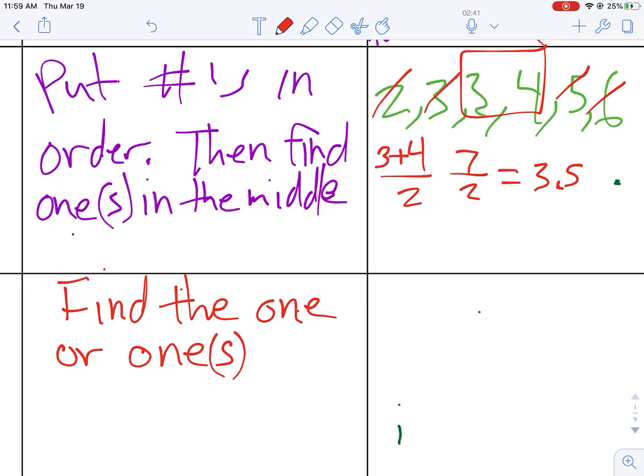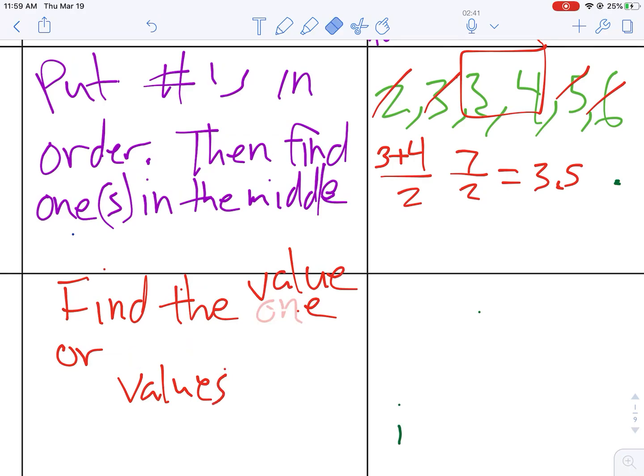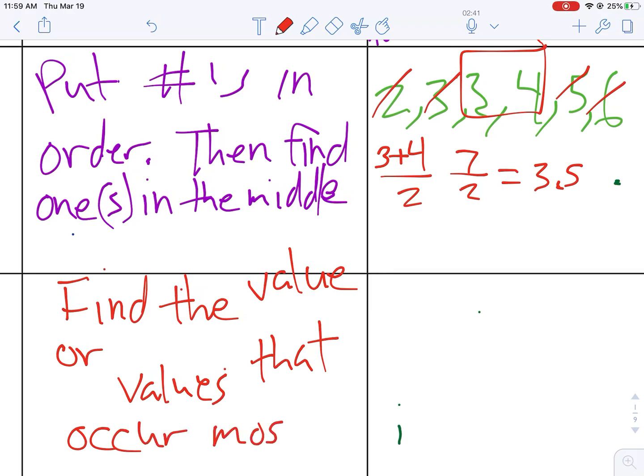Really, I should say value or values that occur most often.